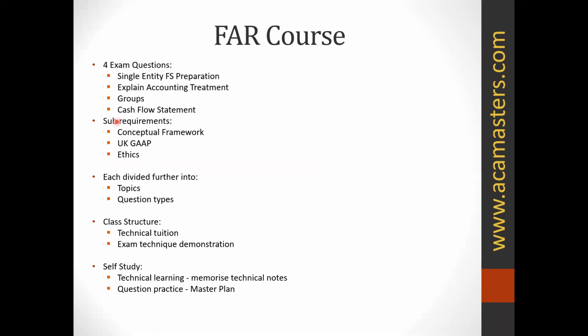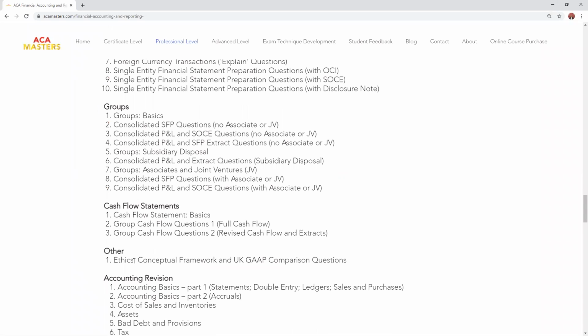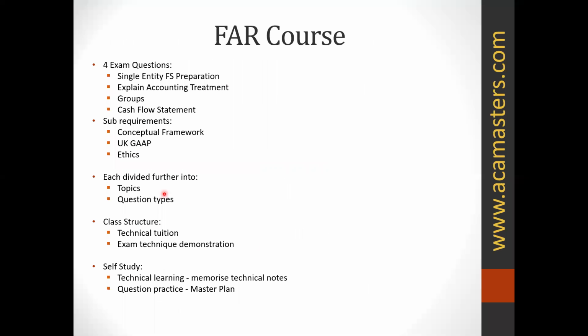And as I've said, we know that there'll be questions on these 3 topics as well. So the final class will focus on those 3 smaller topics, but they shouldn't be neglected because they are worth a substantial amount of marks, usually around 12, 13, as much as 15 marks in the FAR exam.